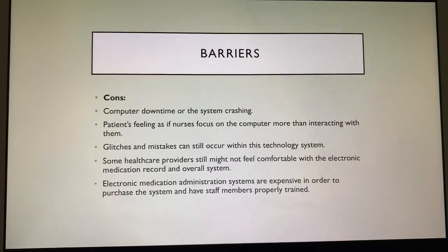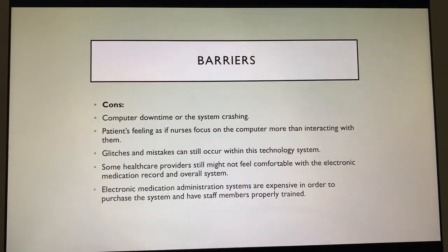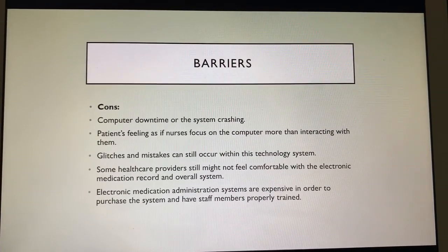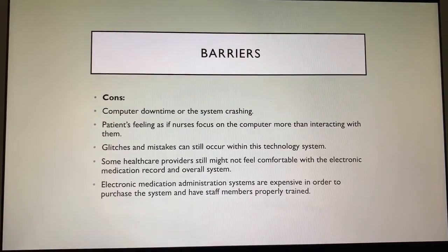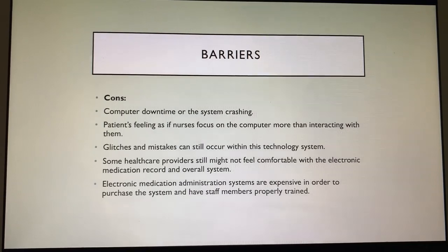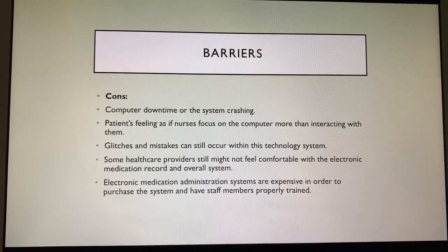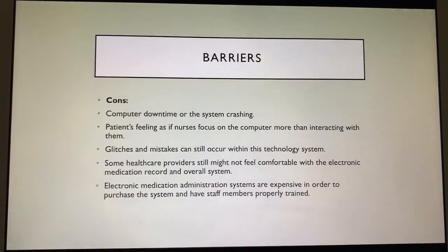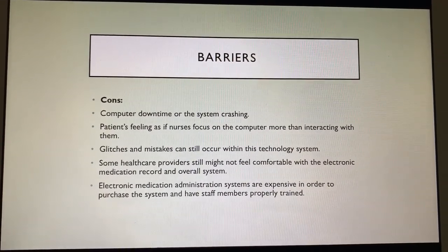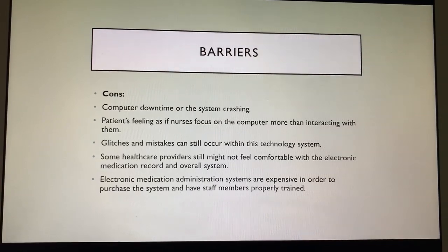I do work with an older nurse who cannot stand the computer system. They were always used to paper charting, and it does get very frustrating for them trying to figure this out. And when you do get frustrated, mistakes can occur because you're so focused on being angry at the system and not focusing on what you're actually doing.